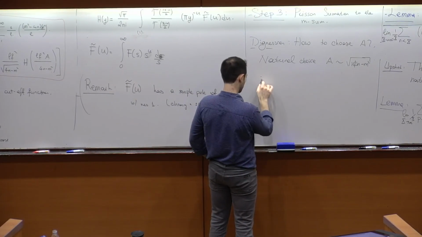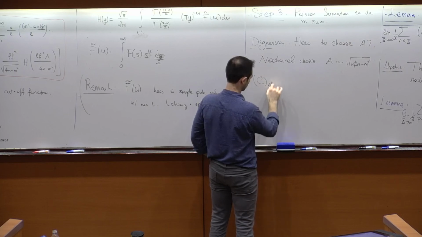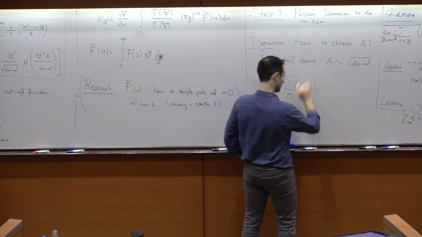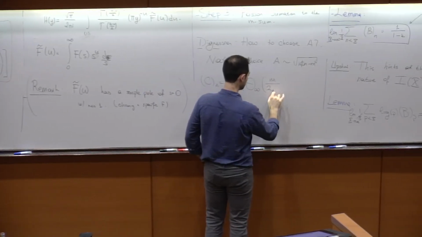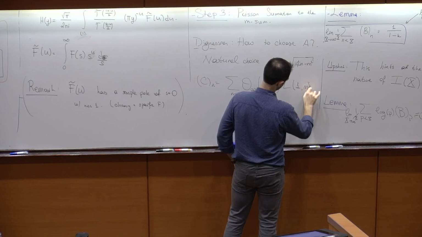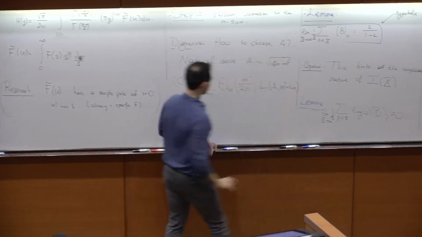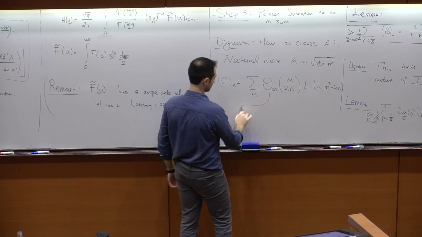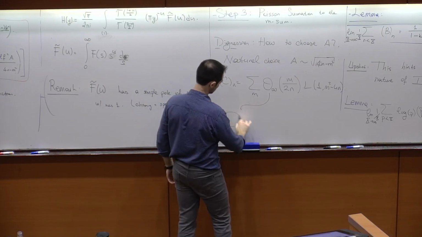Moreover, there's one more thing. Recall this Cn came as a sum over m of this theta infinity, the Archimedean orbital integral, times this L function. So the thing is, when I wrote the explicit expression for this, I said that this theta infinity was not smooth.